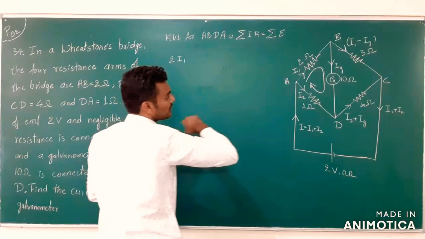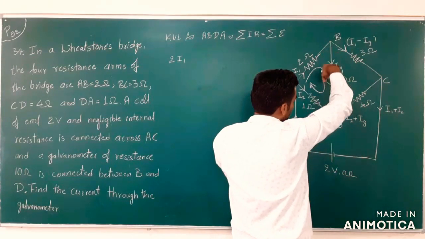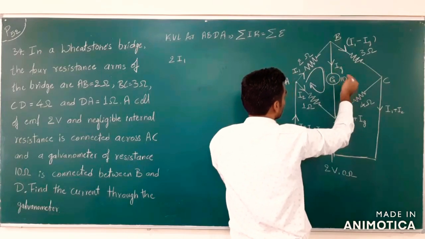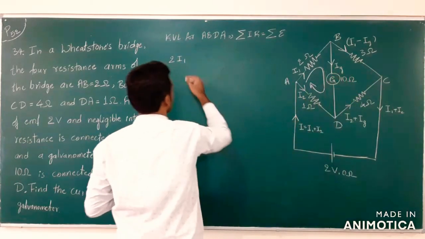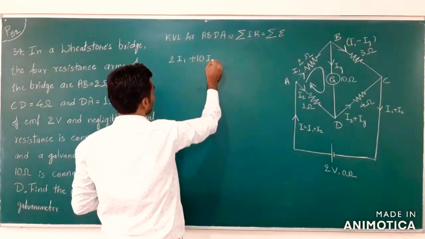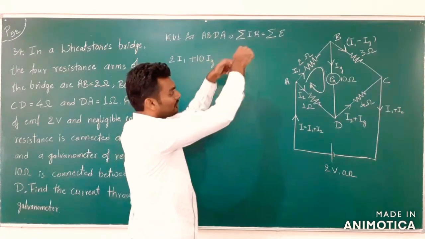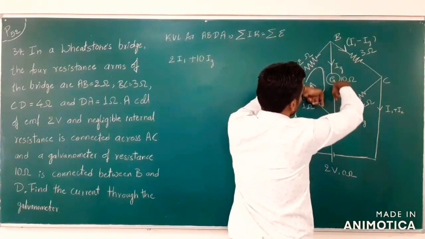2I1. Okay. Then from B to D, I have current IG flowing through the 10 ohm resistance of the galvanometer. So, plus 10 Ig. Why plus again? Because the direction of my traversal and the direction of current are one and the same.